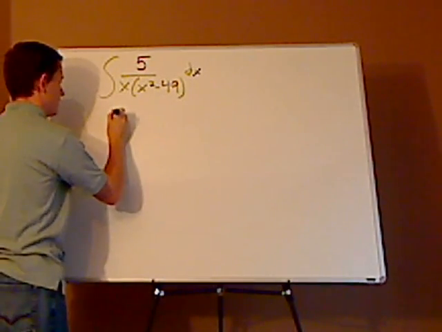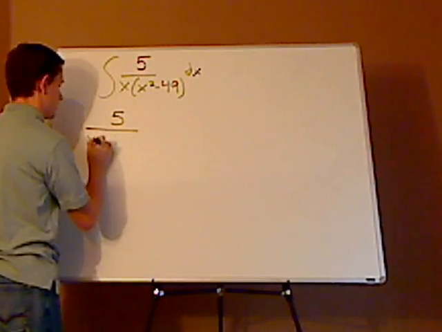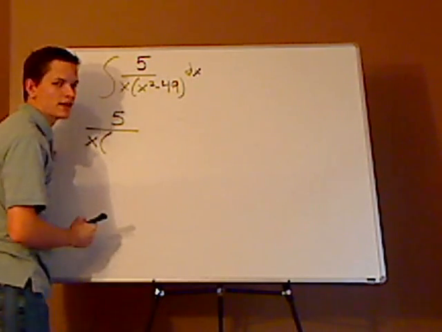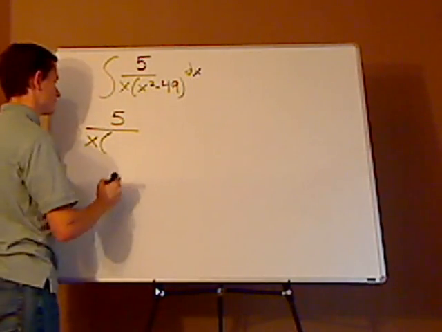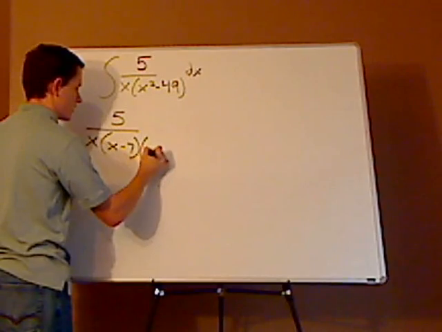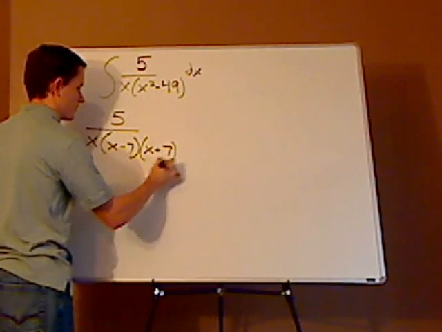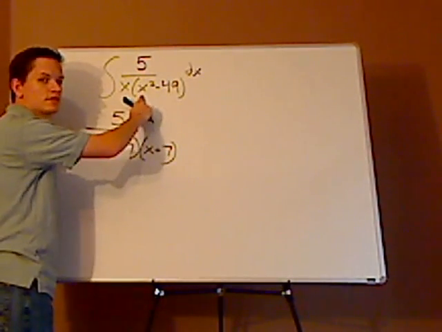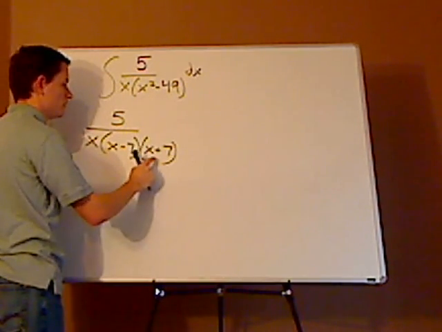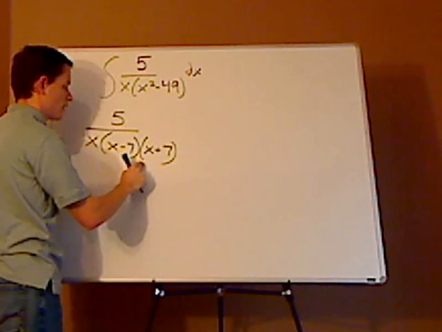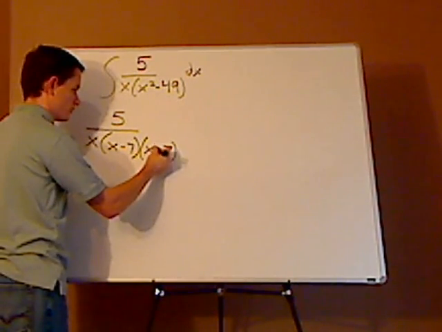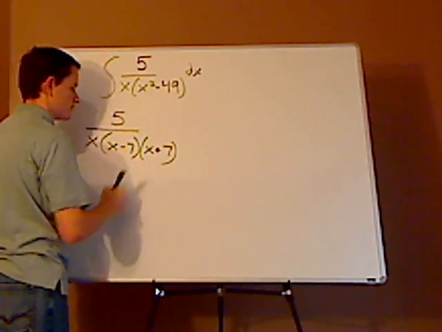So you have 5 over x. Now factor this, x squared minus 49, that's the difference of squares. So that's x minus 7, x plus 7, right? You take the square root of x squared, which is x, and the square root of 49, you get 7, and the difference of squares indicates a sign change, so this is a minus and this is a plus.